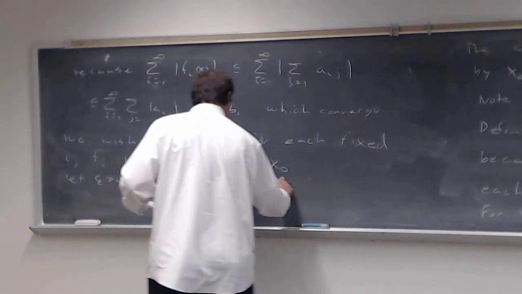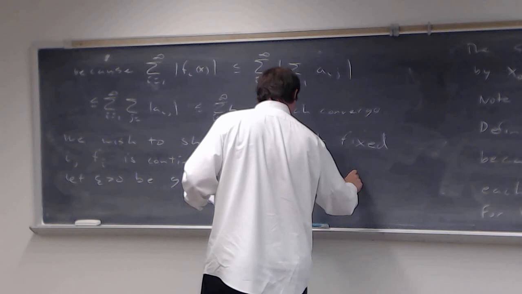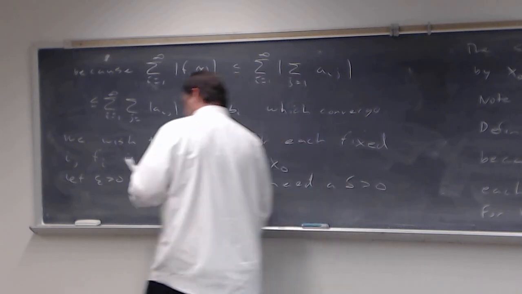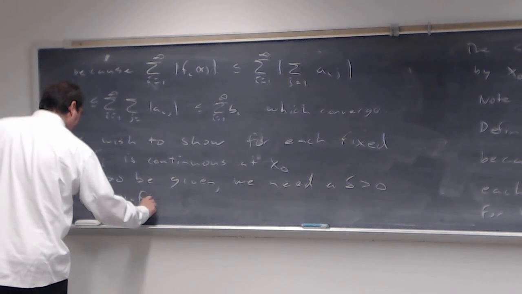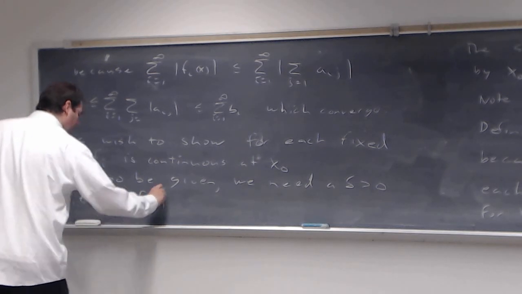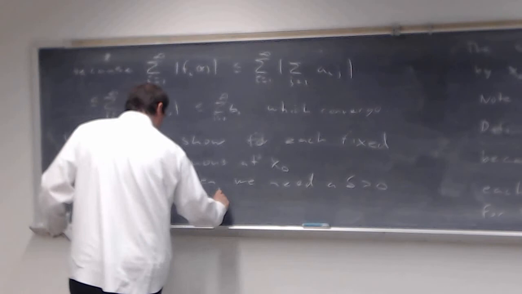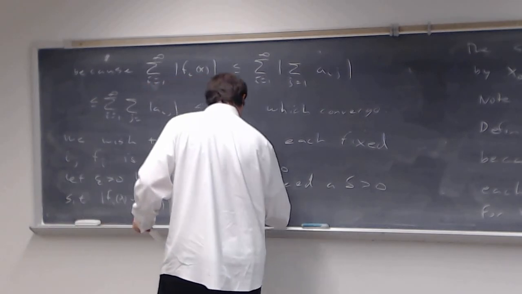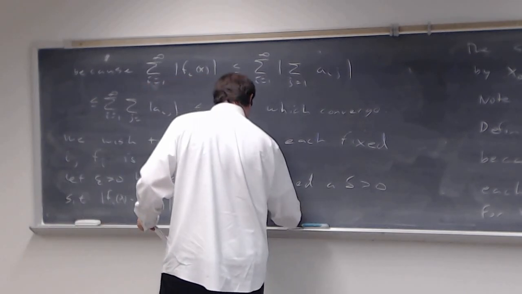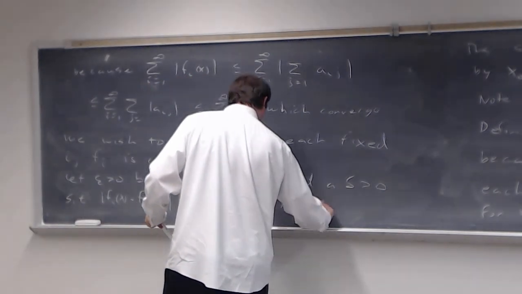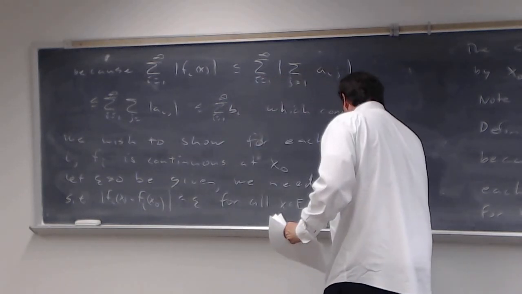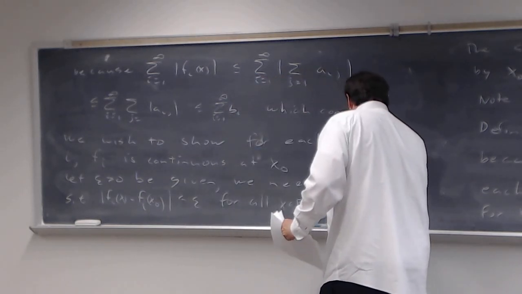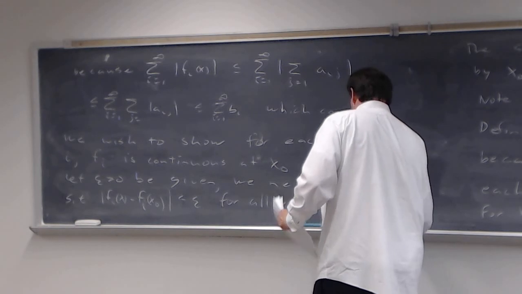We need a delta bigger than 0 such that the absolute value of f sub i of x minus f sub i of x naught will be less than epsilon for all x in E with the norm of x minus x naught being less than delta.